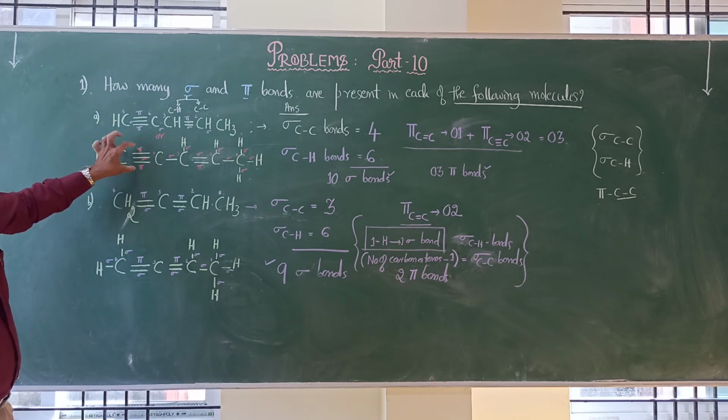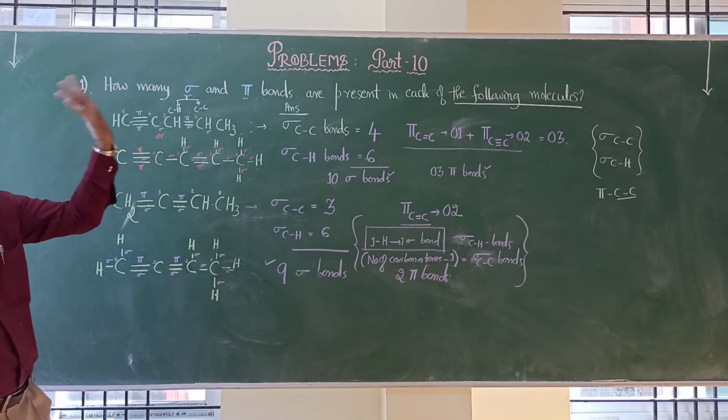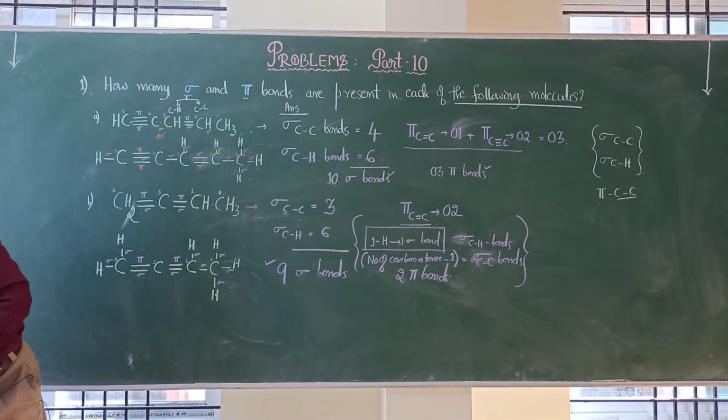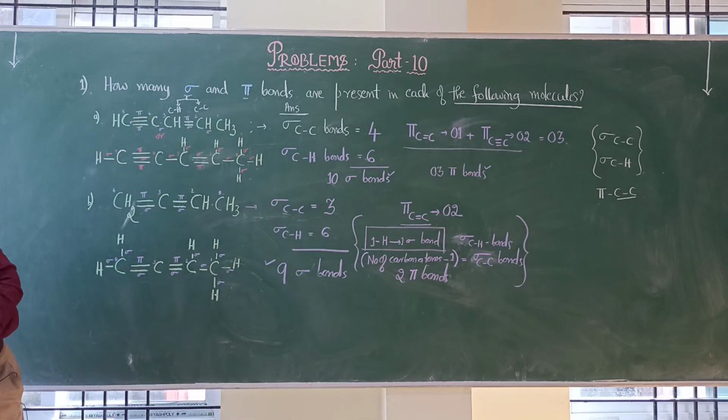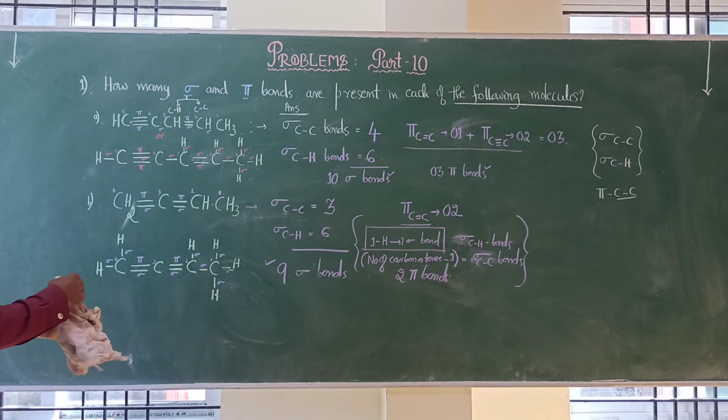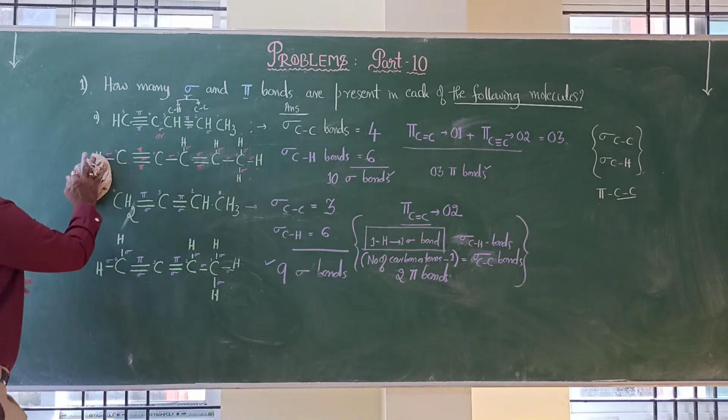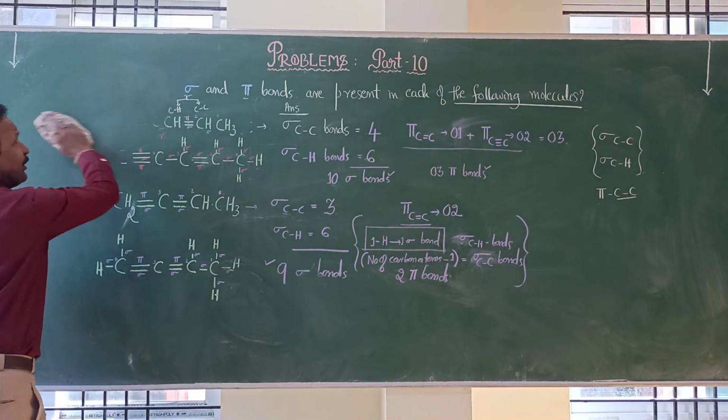Triple bonds are a combination of sigma and 2 pi. Only after sigma, pi will be there. So sigma bonds are the foundation. Only after the foundation can we have the ground floor, first floor in the building. So this is how to calculate sigma and pi bonds in the given formula. I hope it will be clear to you.